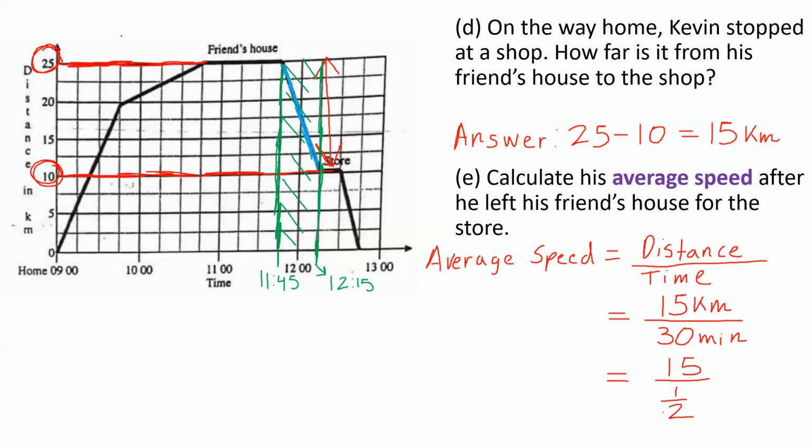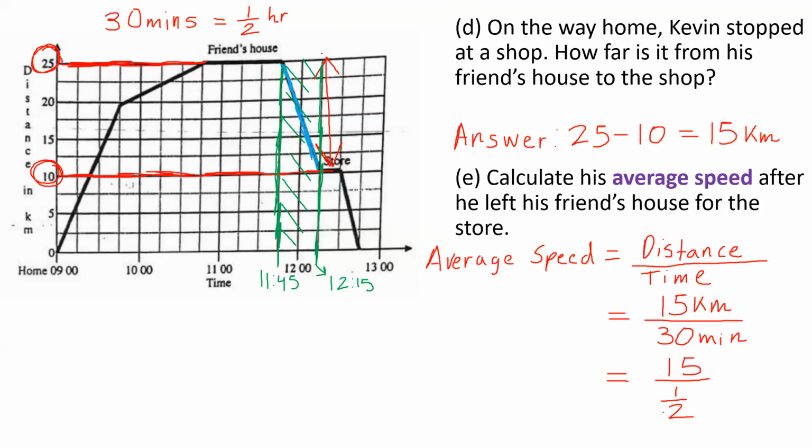Remember, 30 minutes is half of an hour. Do y'all know that? Yes, sir. Okay, 30 minutes is equal to half an hour. So when we have to divide the 15 by 1/2.